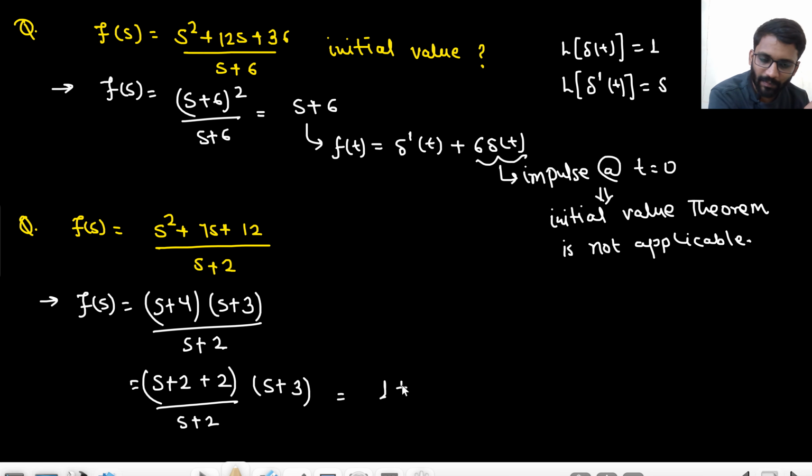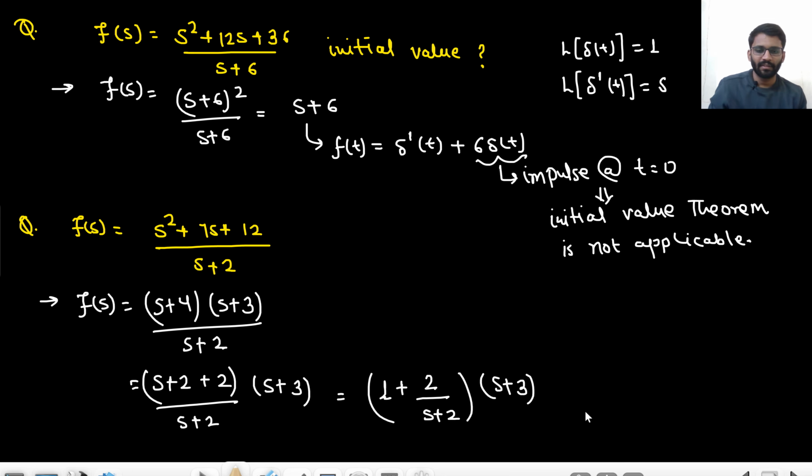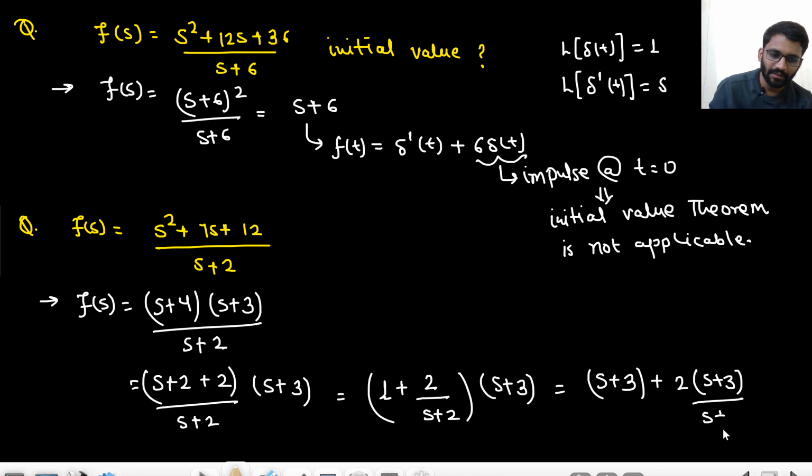So it would be 1 plus 2 by s plus 2, into s plus 3. I am breaking it down. I can break it down like this: s plus 3 plus 2 into s plus 3 by s plus 2, right? Now s plus 3 can also be broken down into s plus 2 plus 1. Just simple mathematics I am applying, nothing else.